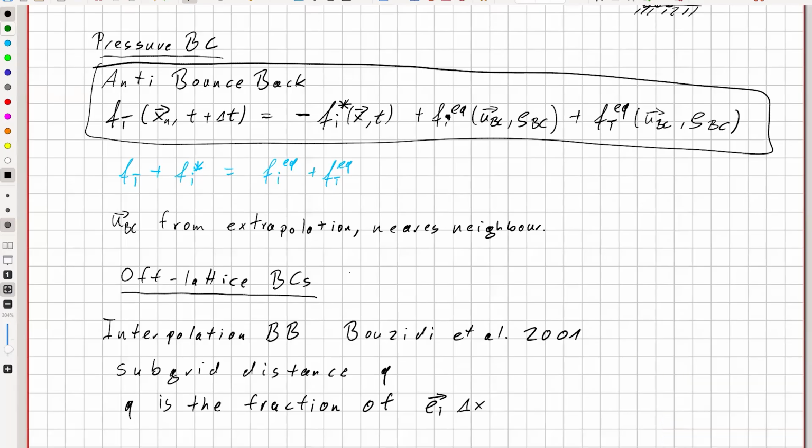So this is the lattice spacing between the last grid node and the actual boundary.